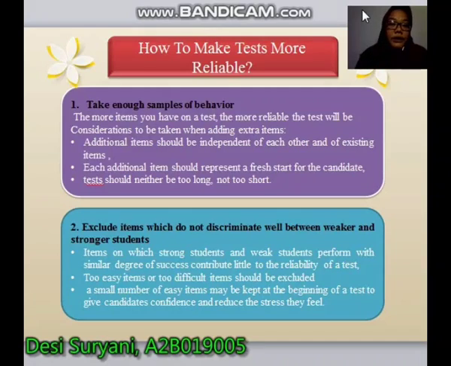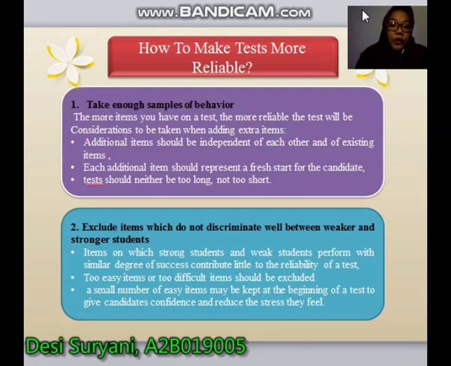The second one is exclude items which do not discriminate well between weaker and stronger students. Items on which strong students and weak students perform with a similar degree of success contribute little to the reliability of a test. Too easy items or too difficult items should be excluded.